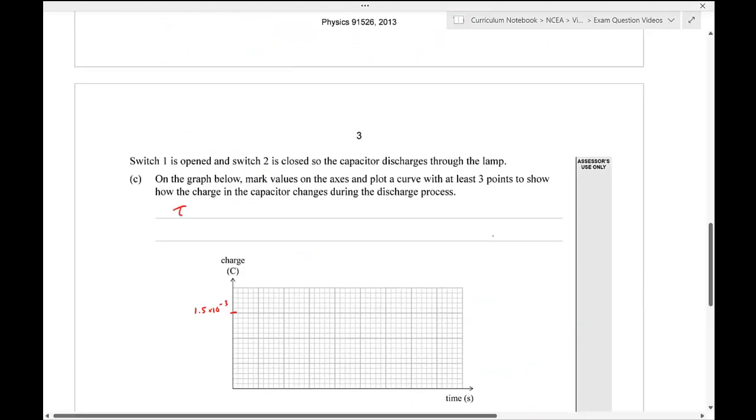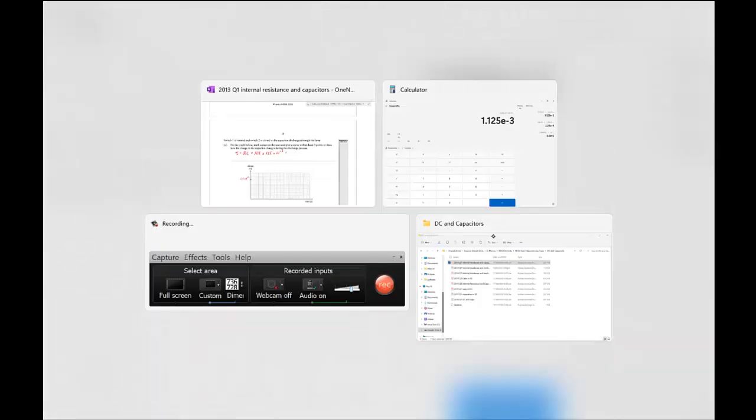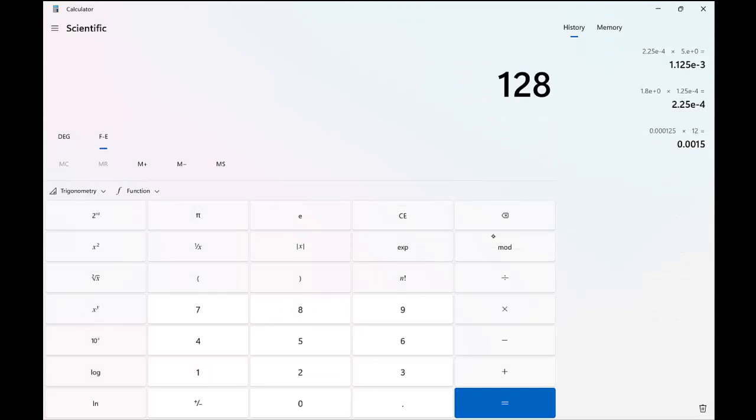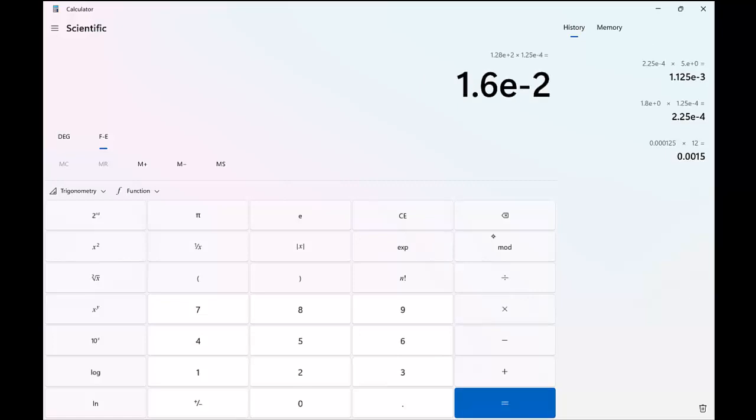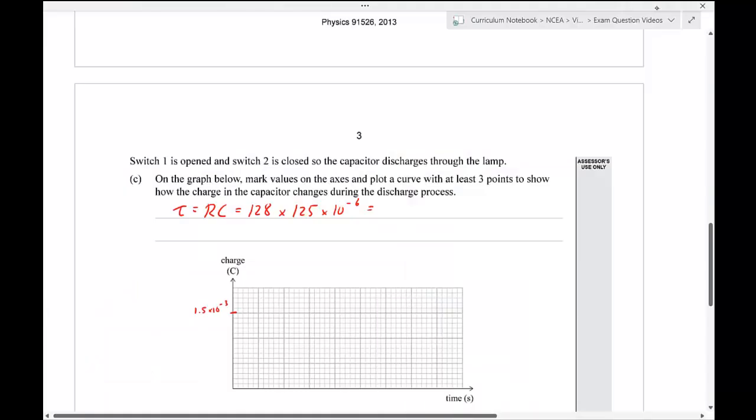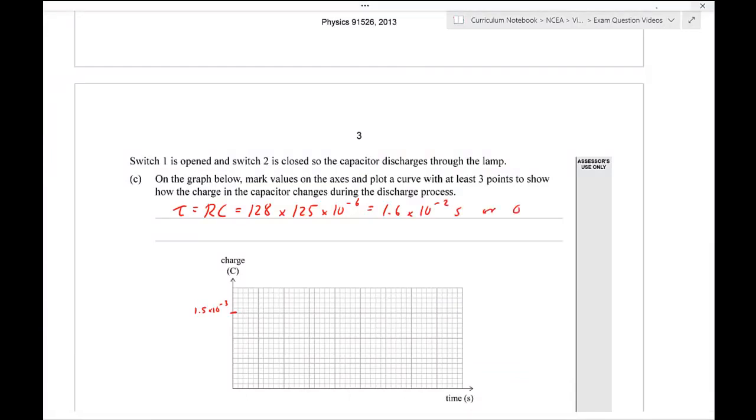So tau is equal to RC, which is 128 times 125 times 10 to the minus 6, which gives us 1.6 times 10 to the minus 2 seconds, or 0.016 seconds.